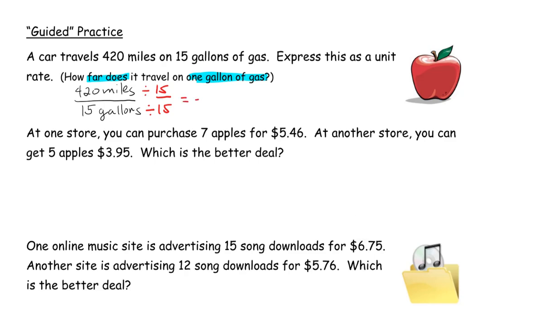So 15 divided by 15 gives you 1 gallon, and 420 divided by 15 gives you 28 miles. So the answer would be 28 miles per gallon.